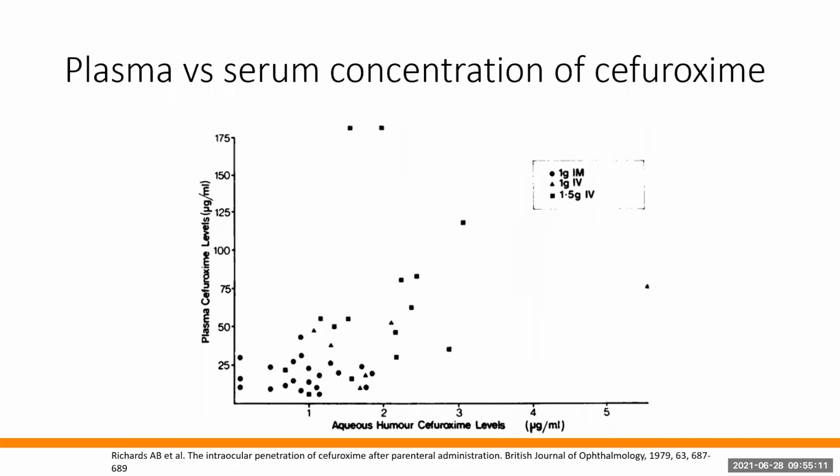In contrast, an even older study of cefuroxime levels, which is typical of other drug bioavailability in the eye, shows that the level in the aqueous humor is more like 5 or 10% of, or maybe even less of, the levels in the serum. So in terms of drug delivery, we like to get antibiotics in the eye to prevent infection after trauma.